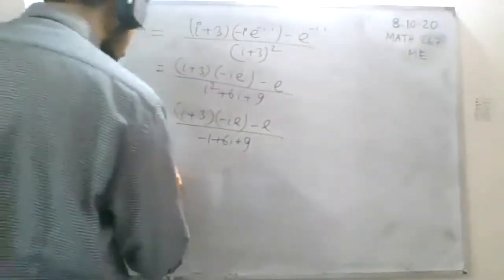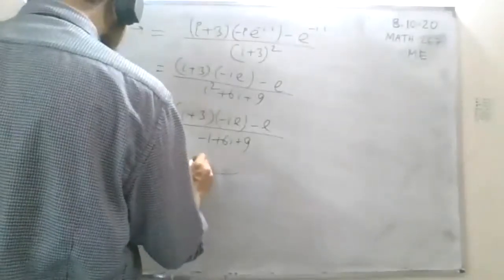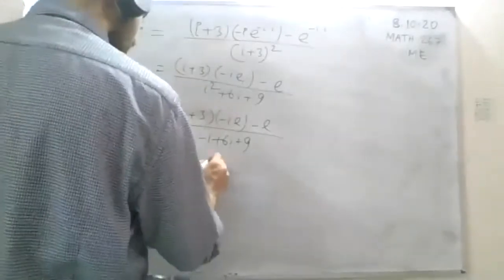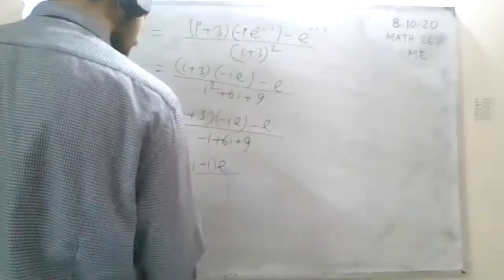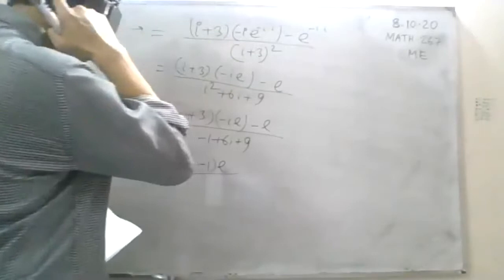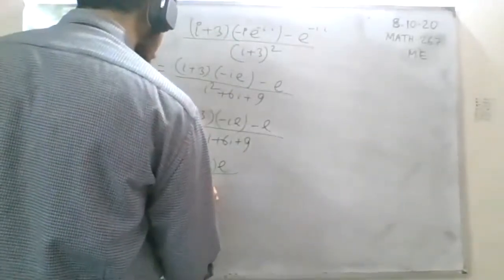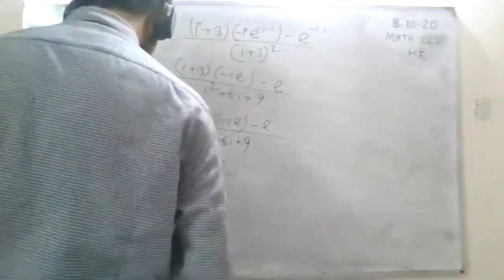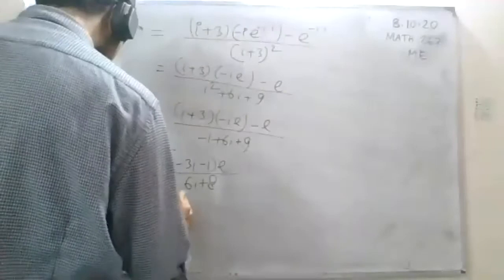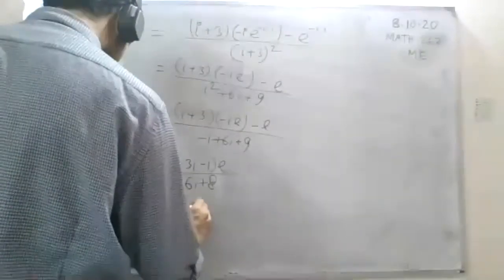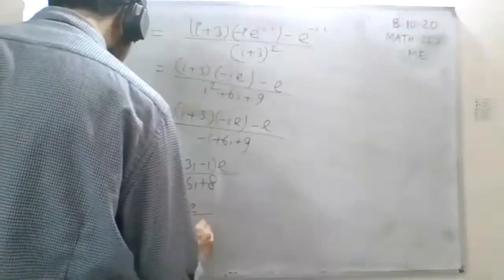After that, you can also write minus 1 minus 3i and minus 1 e. And from here, you can also write this is 6i, just you can say 3i into i, plus 6i.